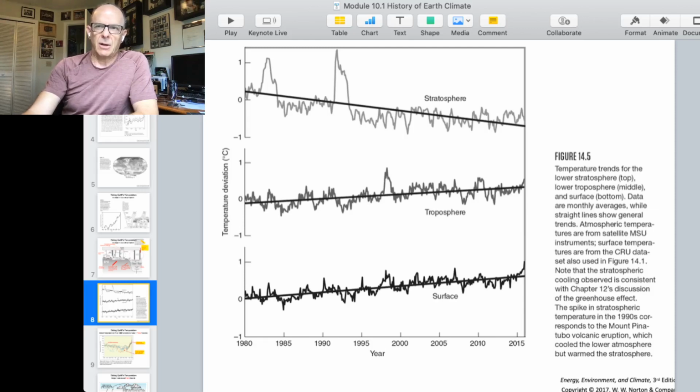Greenhouse gases in the stratosphere absorb infrared radiation and prevent it from getting out into space. But ultimately, the total amount of energy getting from the planet out into space has to balance the energy coming in from the sun. So if the atmosphere is blocking the energy coming out by absorbing that infrared radiation, then I've got to have a greater output of energy from the surface.